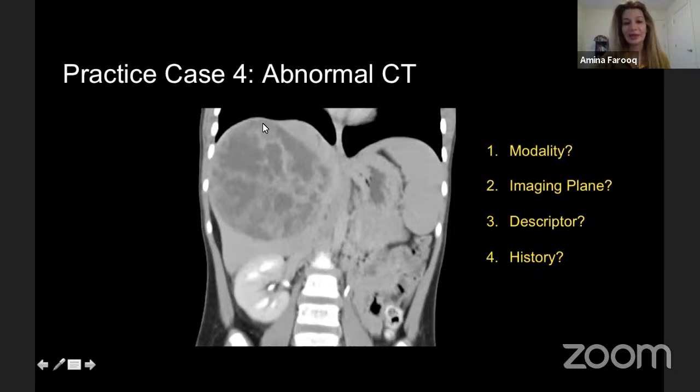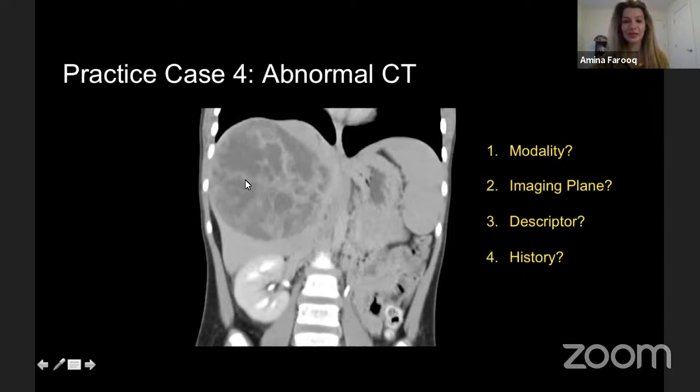And here we see the margins of the liver, but what really stands out is a large mass, right, within the liver. And it's heterogeneous because different parts of it are looking different, right? This part's dark, this part's bright, but it's pretty well circumscribed, the borders.